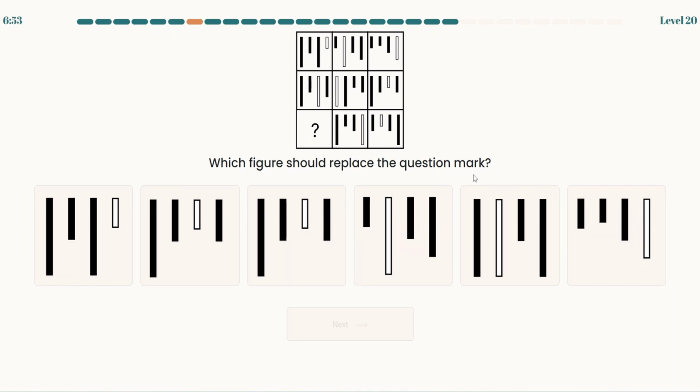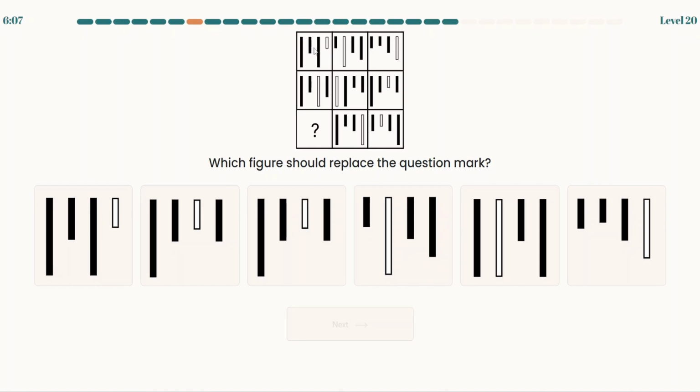Which figure should replace the question mark? So it seems like, wait, what's... The one on the right side is growing. When we look downwards, we see that this one is moving to the left. Moving to the left. This is really hard.